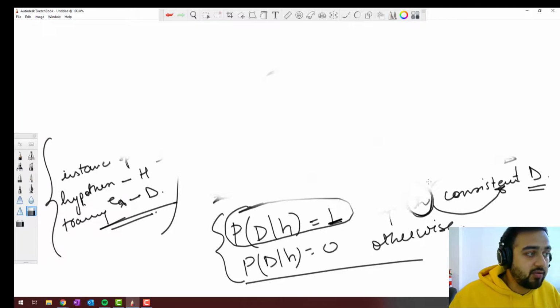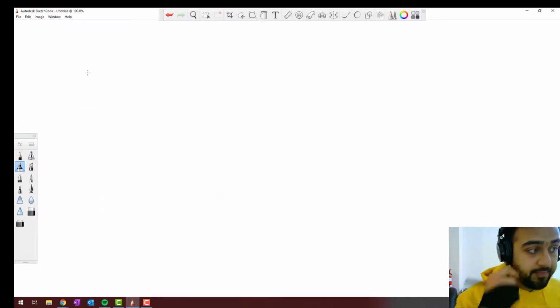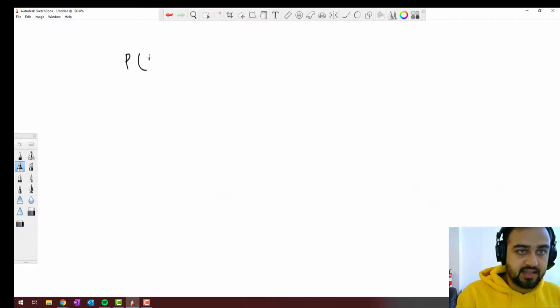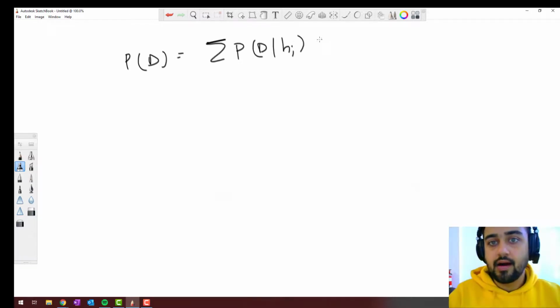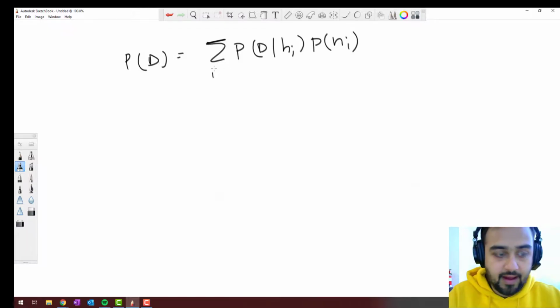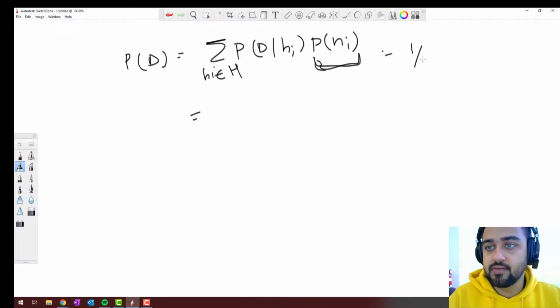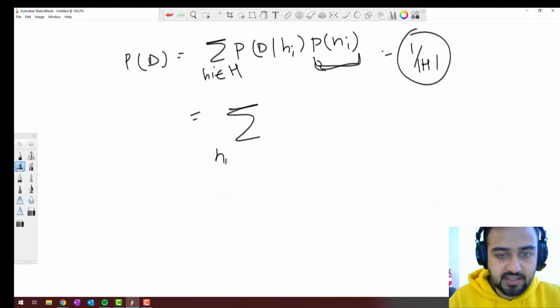We are trying to brute force our way using the MAP framework for concept learning, right? Now we have the total probability formula, which is given as P of D equals sigma of P of D given H_i into P of H_i, where H_i is in hypothesis space H. If you're searching the version space, P of H_i is equal to 1 over mod H, the size of our hypothesis space.